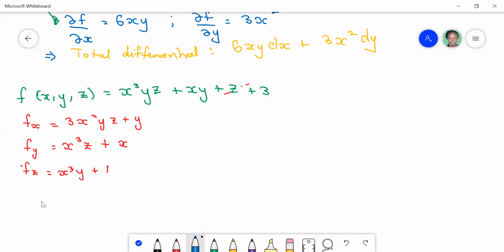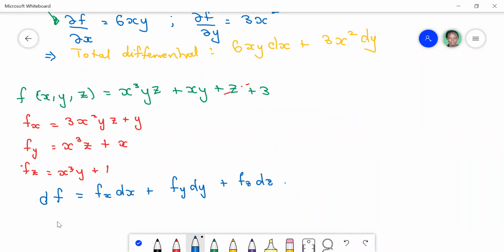Let's say the total differential df is going to be the partial derivative of f with respect to x times dx, plus the partial derivative of f with respect to y times dy, plus the partial derivative of f with respect to z times dz.